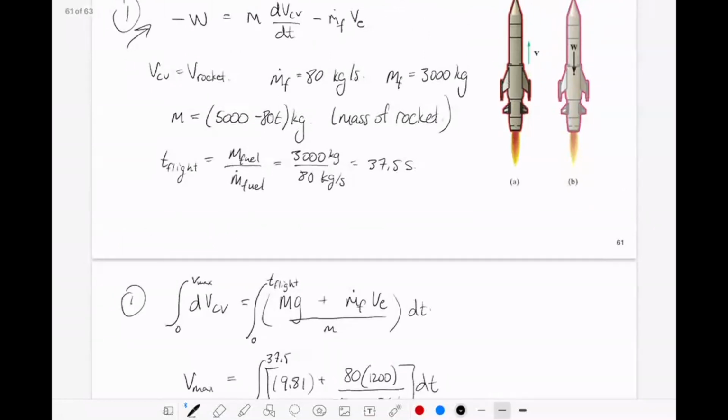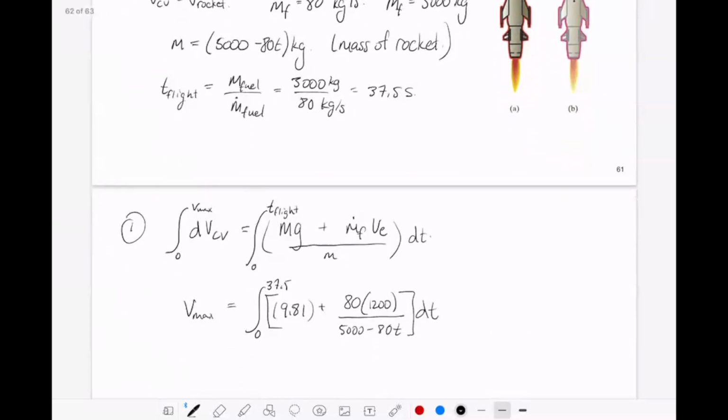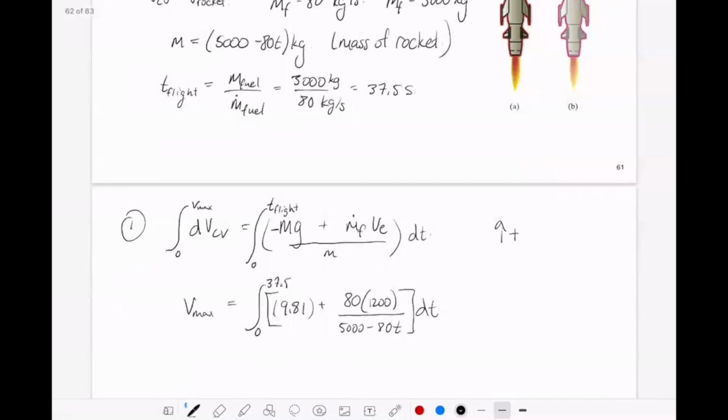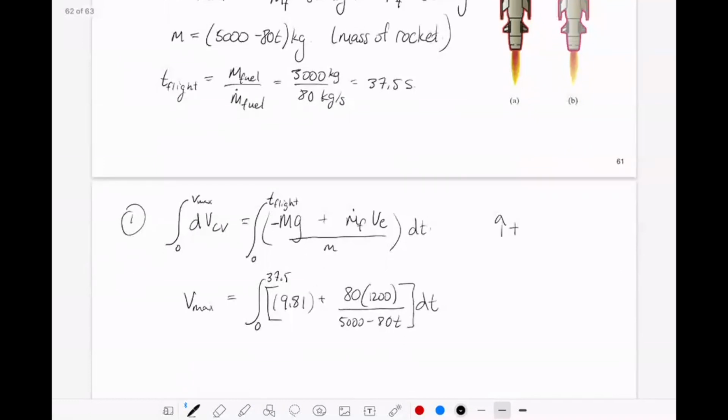I feel like I'm missing a negative sign somewhere. Yeah, I think mg should be negative, because we're assuming upward is positive, so mg is in the negative direction. So this ends up being negative 9.8.